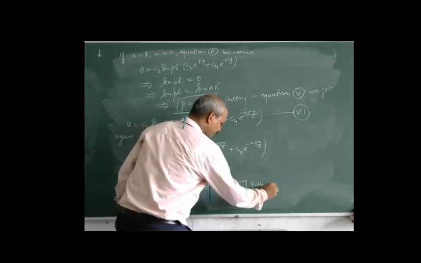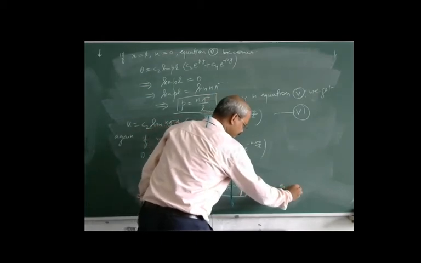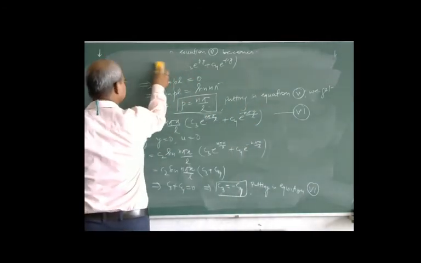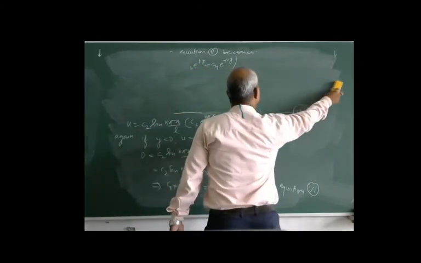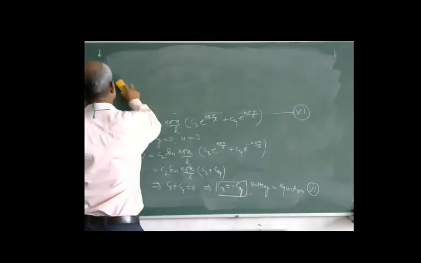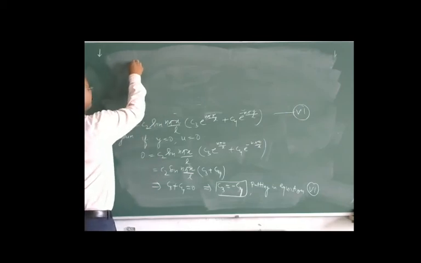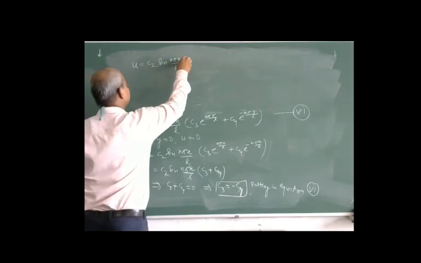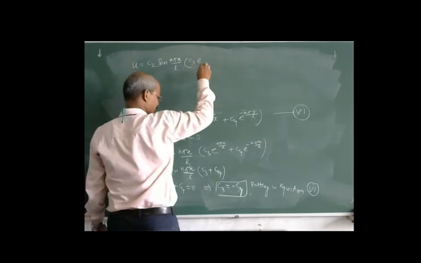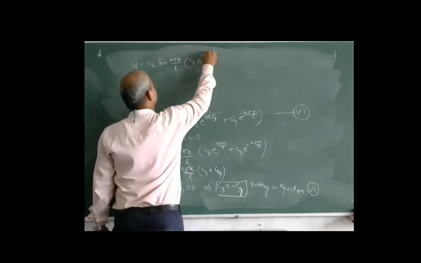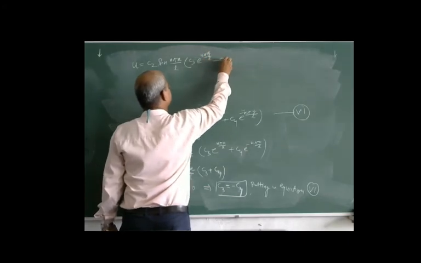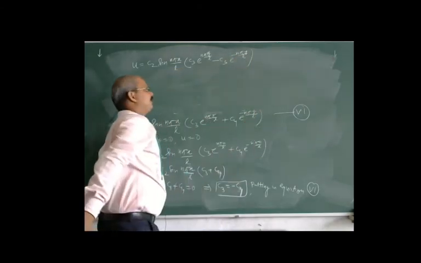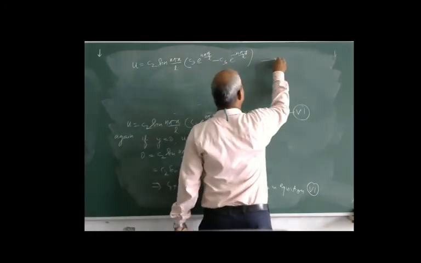Now putting this in equation 6, equation 6 becomes u equal to C2 sine n pi x by L and C3 e to the power n pi y by L minus C3 e to the power minus n pi y by L. We can write this as equation number 7 also.